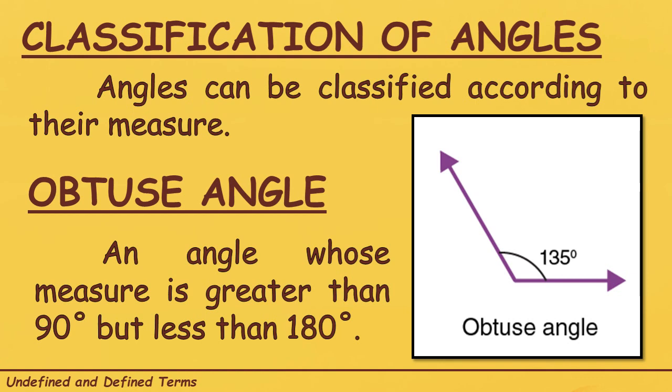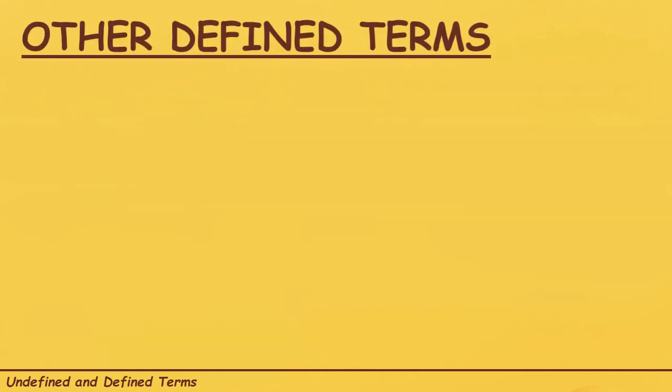Kasi ito ay mas mataas sa 90 pero mas mababa sa 180 degrees. Okay, so meaning to say, those are the three basic classifications of angles according to their measures. There are other kinds of angles, but we will talk about that later or in the next lesson.